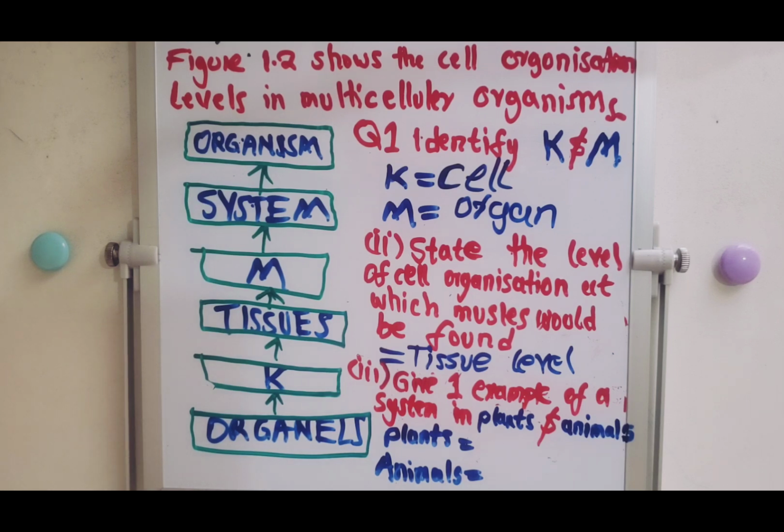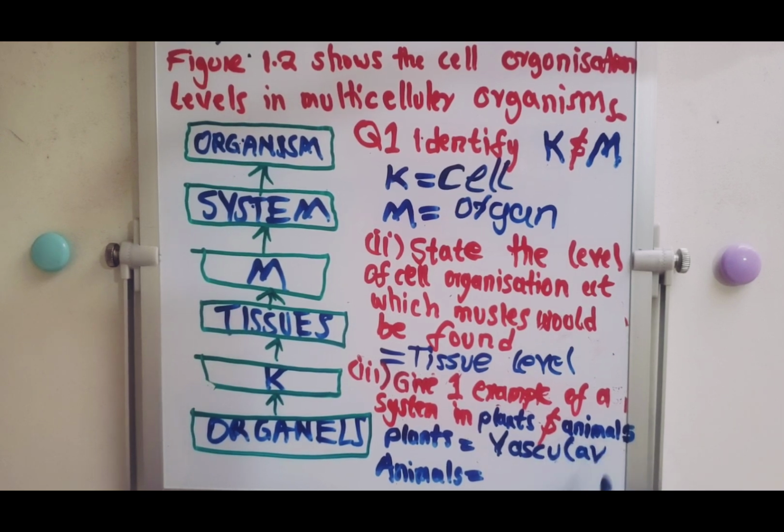All right, and the last question reads, give one example of a system in plants and in animals. They want us to give just one example of a system, both in plants and in animals. Now in plants we have so many systems, and in animals, of course, we have so many systems as well, but they just want us to give one. So in plants, you can write any of them. In this case, I will write vascular system.